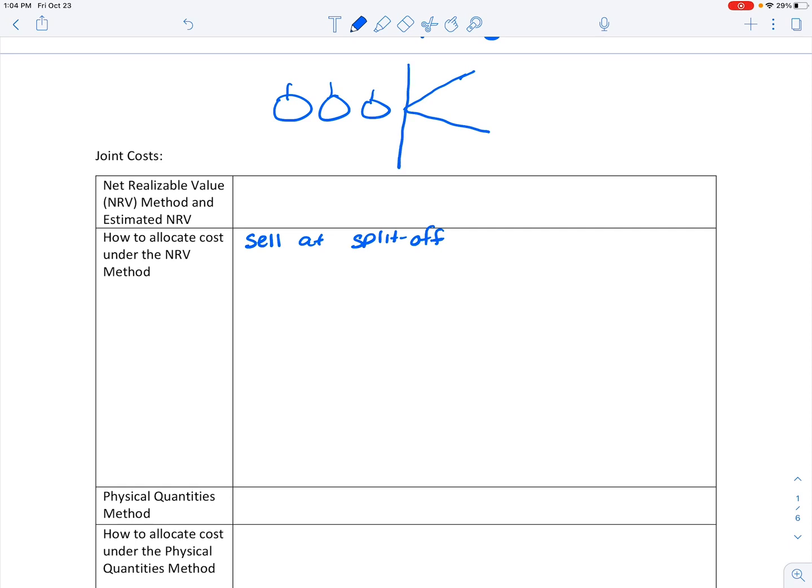We could sell it as is, meaning selling at split off here. And maybe that goes into two different products. We can say our quality apples versus our baking apples. So any of your joint costs are coming through here. We might have some other costs and other further processing that we need to do. Those would come into here and we'll look at that as well.